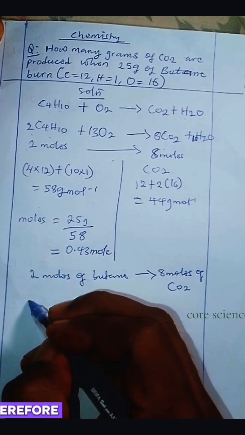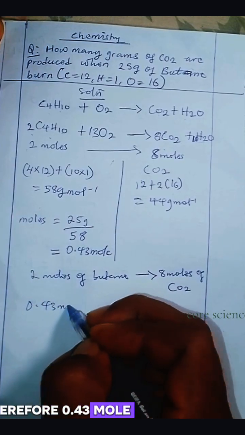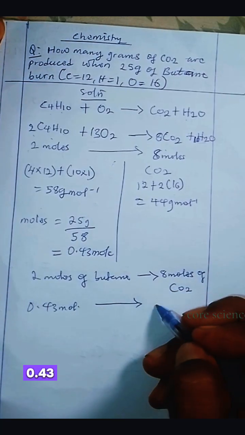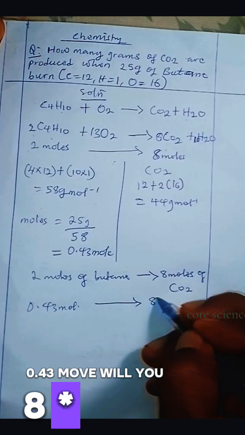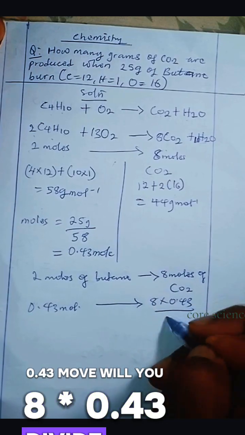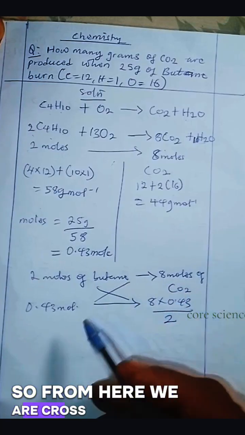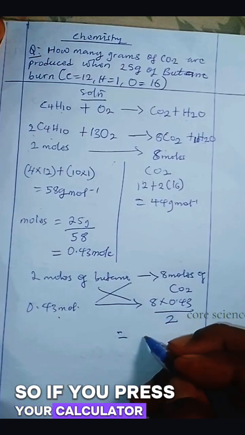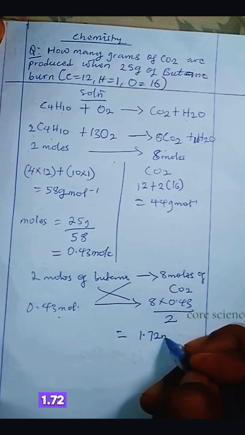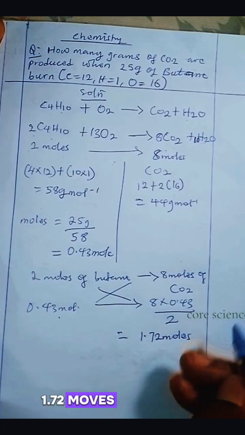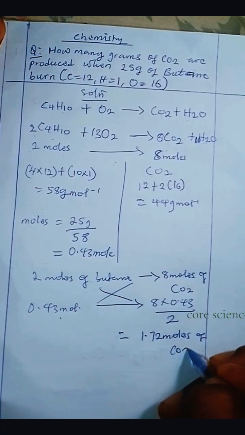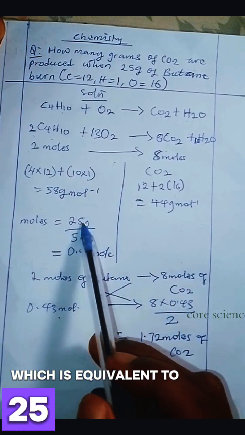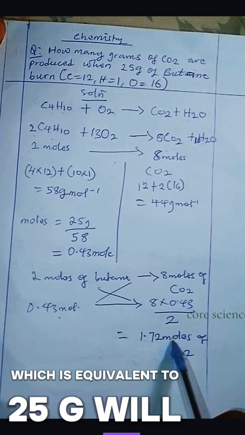Therefore 0.43 mole will yield 8 times 0.43 divided by 2. So from here we are cross multiplying this times this divided by this. If you press your calculator, you will get 1.72 moles of CO2. So that means 0.43 mole of butane, which is equivalent to 25 gram, will yield 1.72 moles of CO2.